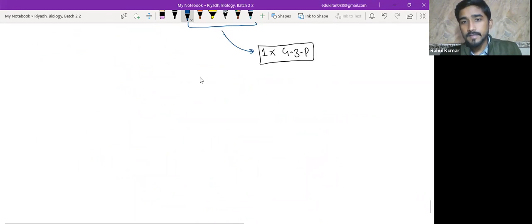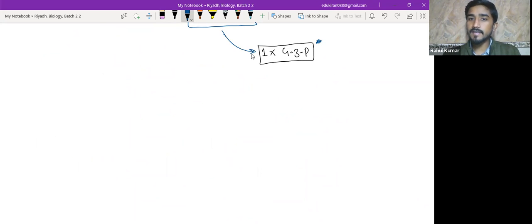Now this one G3P, glyceraldehyde 3-phosphate, which leaves the Calvin cycle, what happens to this one, correct? So write down.